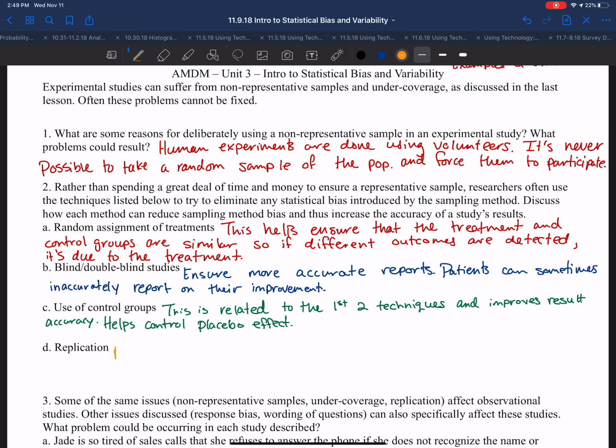So I'm just going to say running a study again with a new sample that yields similar results makes the researchers more confident.